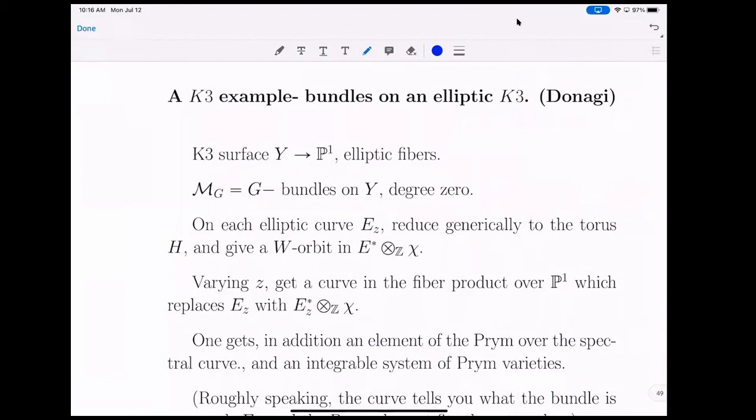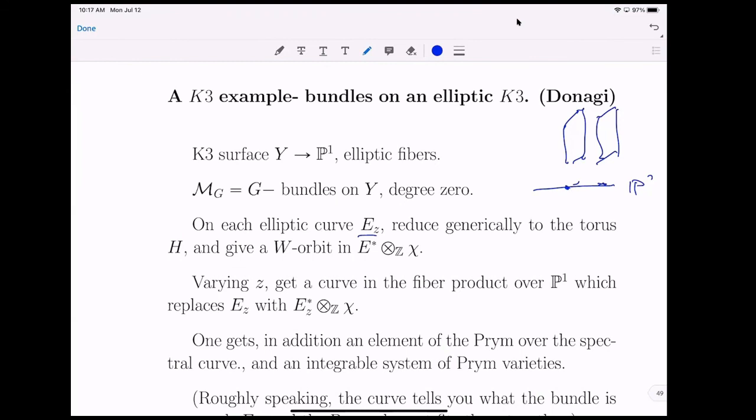So your picture, here's P1. So fibration, elliptic curves. So this is sort of mixed real and complex picture. And on each elliptic curve, basically, you can restrict a bundle on an elliptic curve.